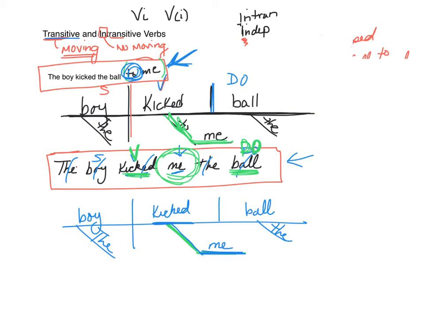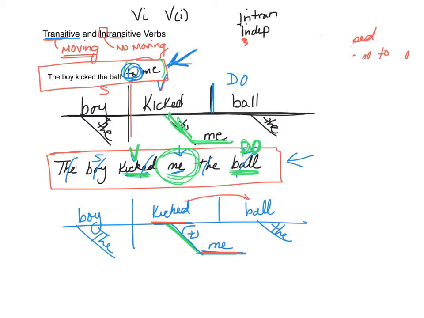So what are we going to do? We're going to put an X. In math, what does X mean? It means unknown. Here, X means, yeah, there probably should be a preposition there, but we don't know what it is because as English speakers, we're too lazy to say it. By the way, what word have I said over and over again when I talk about the relationship between me and kicked? Over and over again, I keep saying they are indirectly related. It's not a direct relationship. What is the kicking most directly affecting?